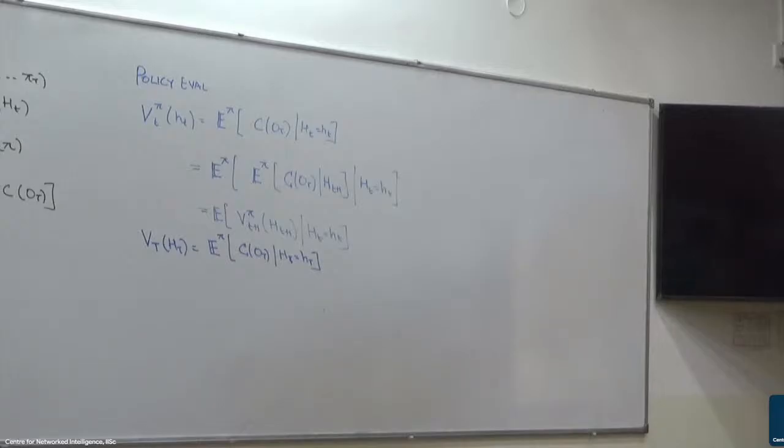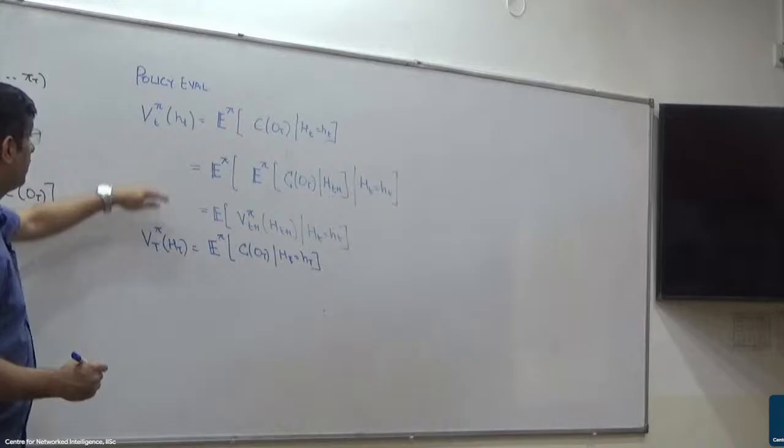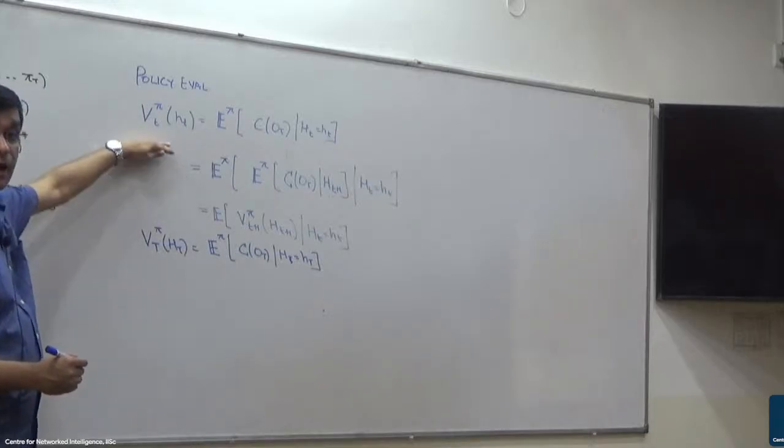Now, once we agree that this is the right way to do the decomposition, I start with a terminal expected cost to go under policy pi, and then I do this recursion to compute it backwards.